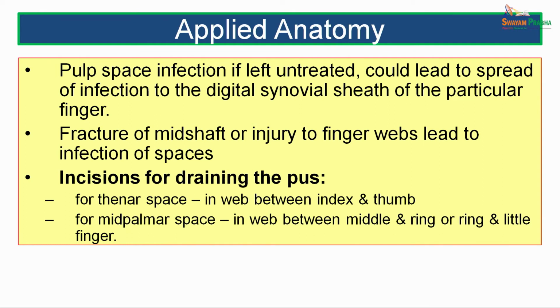Thus, we have seen the various spaces of the palmar aspect of the hand. We first went on to see the various septae, that is the three septae which are given off from the palmar aponeurosis, the lateral septum, the intermediate septum and the medial septum, and how they divide the fascial compartments into the thenar space, the mid-palmar space and the hypothenar space.